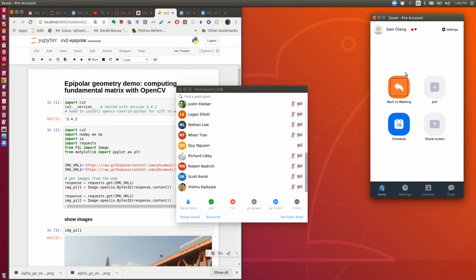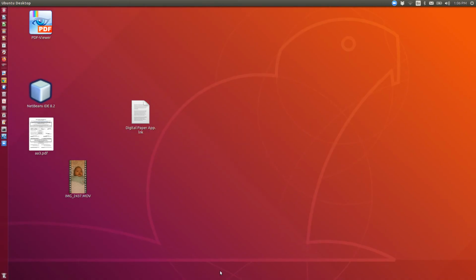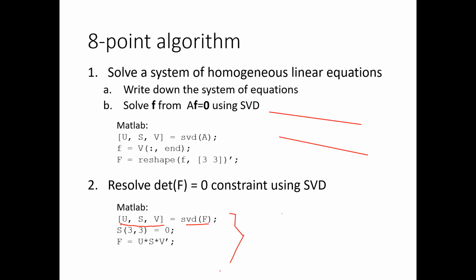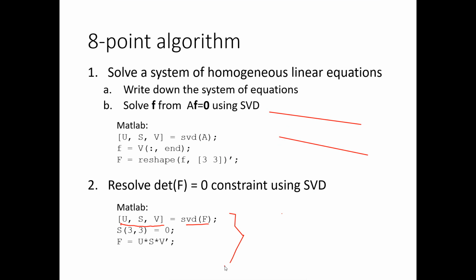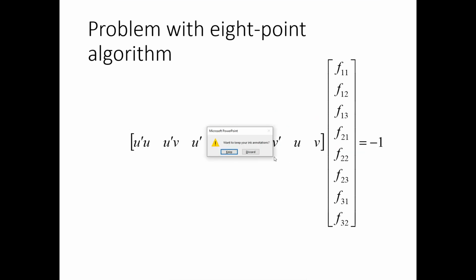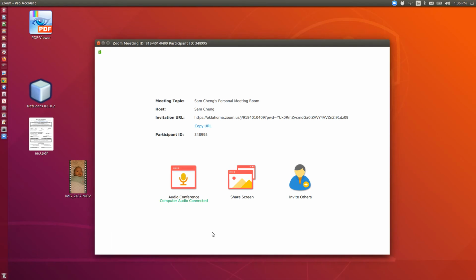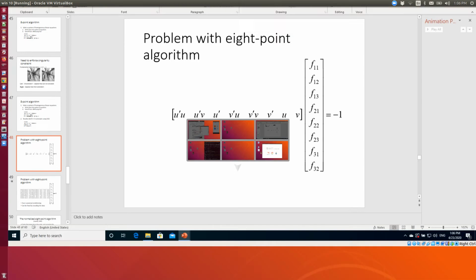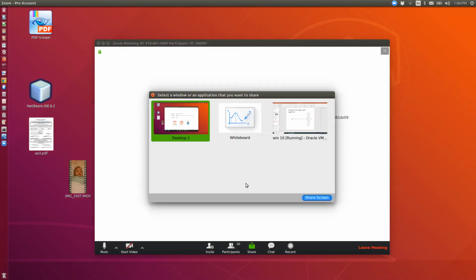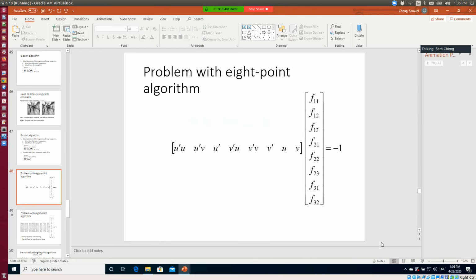This sharing is very difficult. Okay, fine, let me get my screen back again.